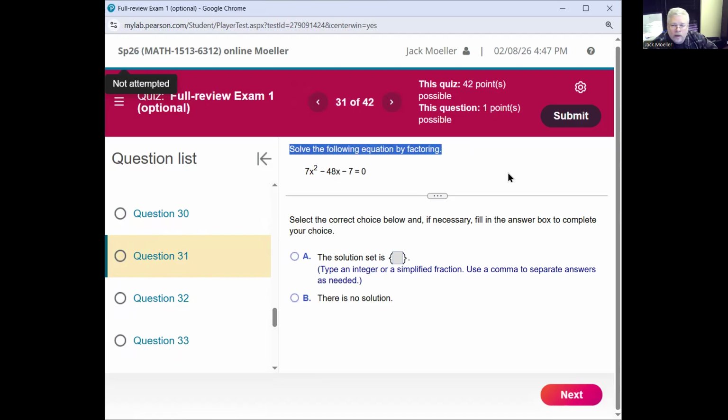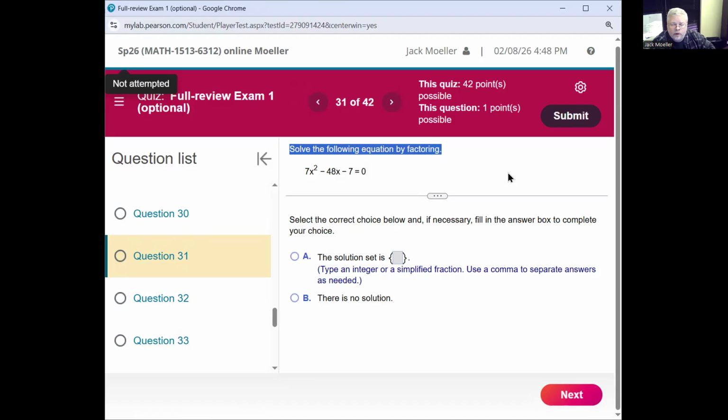Does that mean you have to factor? No, and the reason being is the quadratic formula can solve any of these. Ideally you could factor it, but this is a messy factor, right? Because it has that 7 in front of the x squared, that 48 is kind of big.